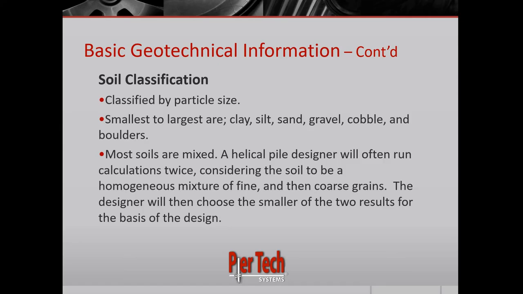The designer will run the calculations both ways to see which is the smaller of the two results. This is part of the initial design process after the soil report is done. Again, this is for the design engineers out there, not necessarily information that you need to remember as an installer.